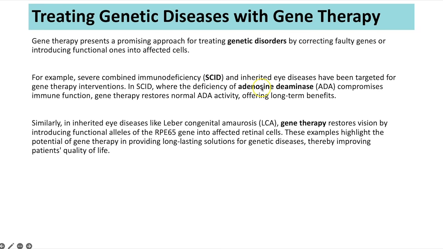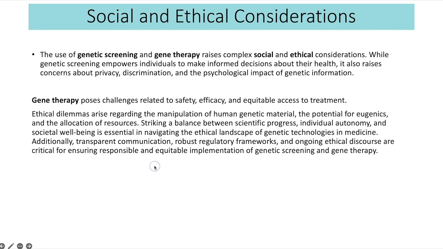So in SCID, where the deficiency is linked to ADA, which is compromising the immune function, gene therapy involves restoring normal ADA activity, and that will then give long-term benefits. In the inherited eye diseases like LCA, gene therapy restores vision by introducing functional alleles of the RPE65 gene into the affected retinal cells. And these examples highlight the potential of gene therapy in providing long-lasting solutions for genetic diseases, therefore improving patients' quality of life.